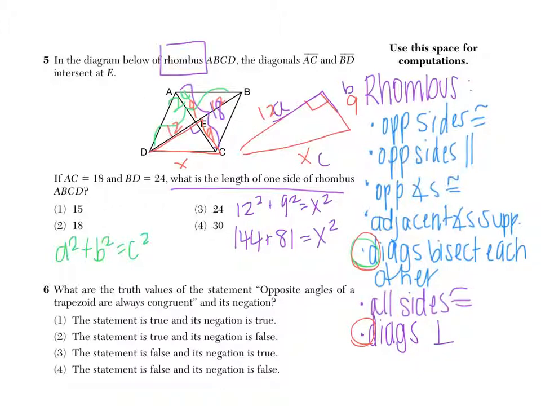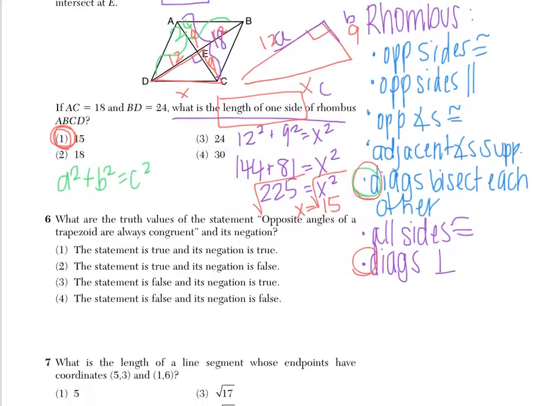So then we sum those together to get 225 equal to X squared. In order to solve for X, we have to square root both sides. So now X is equal to 15, meaning that one side of the rhombus is 15, choice 1.